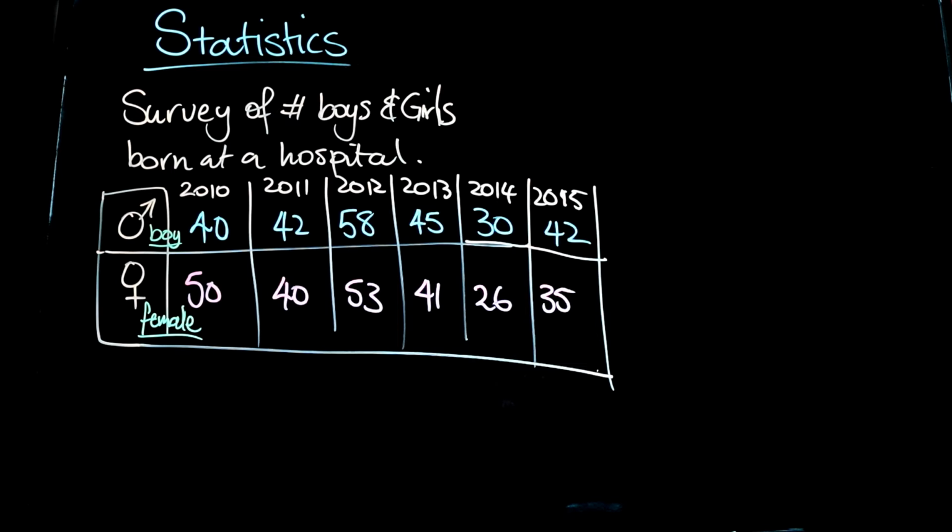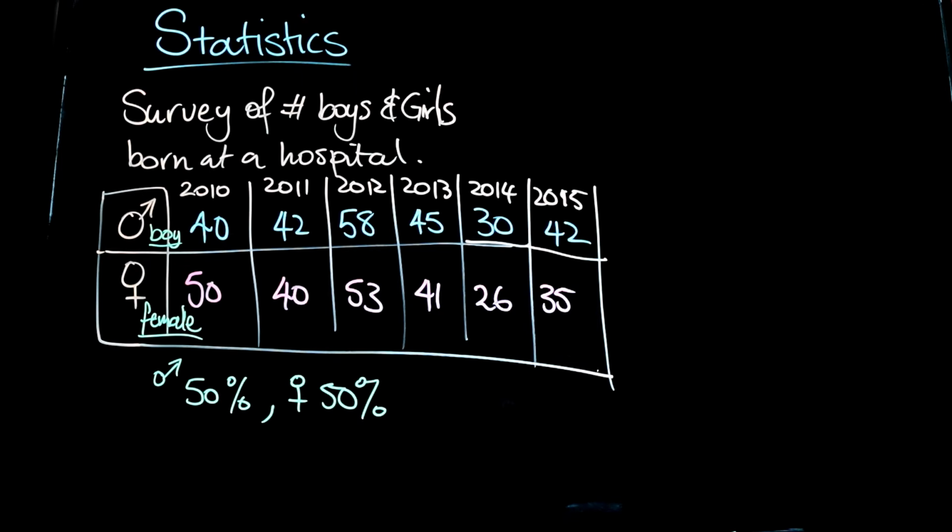Like, if you're interested in your biology, then we should have about 50% boys and 50% girls on average. In a large population, that's what we should be looking at. So it should be a 50-50 split between boys and girls here. And looking at the data, that doesn't seem to be the case.